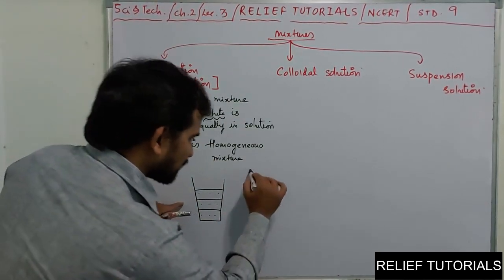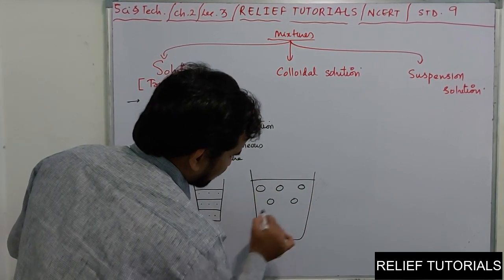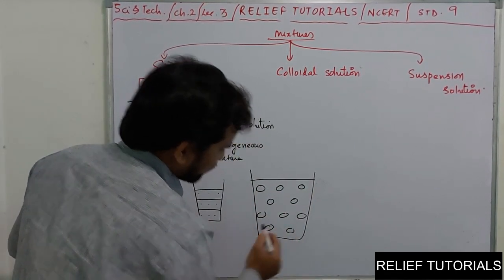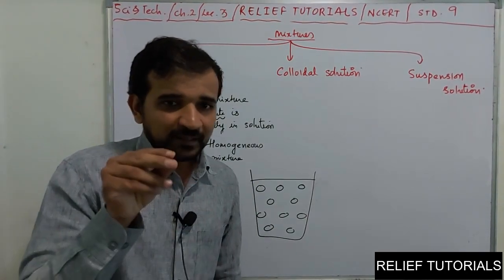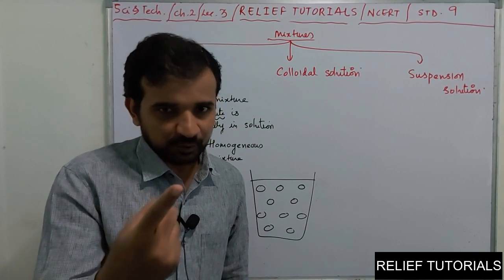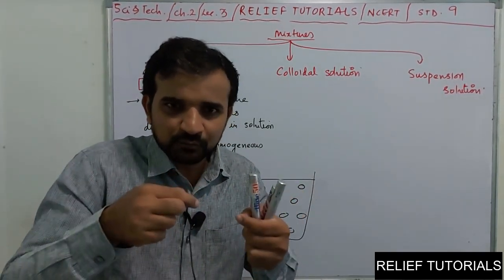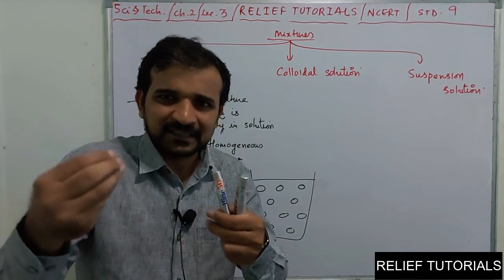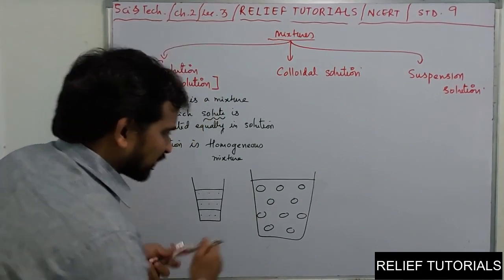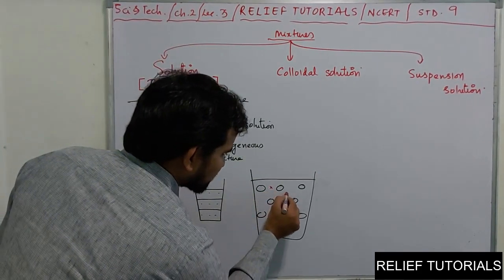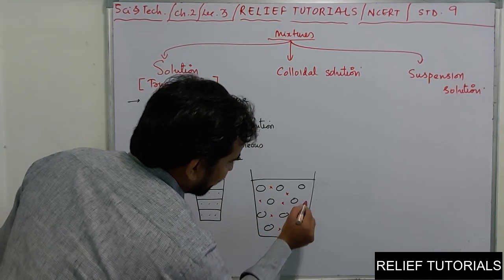If you observe microscopically, let us say these are the water molecules. The salt powder you added, which was visible to you, once you stir it very well, is converted into molecules. Each and every NaCl gets separated, and those NaCl molecules take the space between the water molecules everywhere, uniformly.